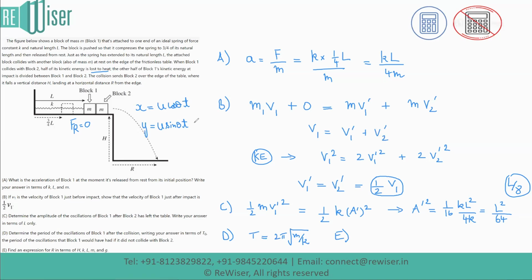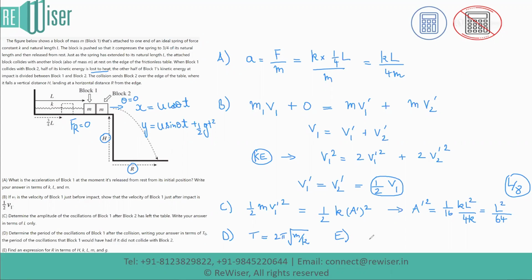Block 2 is just going down, so it's plus half g t square. The angle of projection theta is 0 in this case. The vertical height is h, the horizontal distance is r, and the velocity of the block is v2 dash, which is half v1.